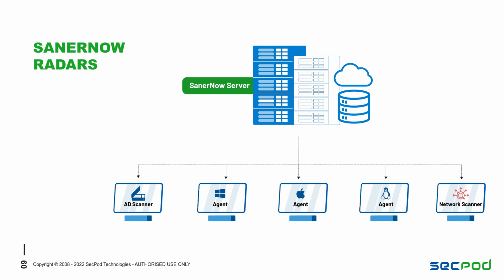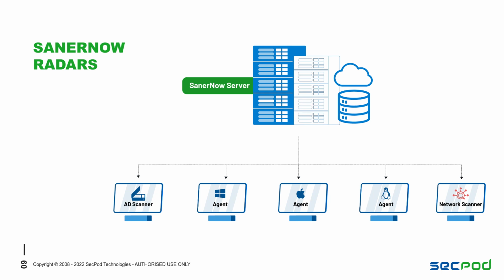We have something called SanerNow radars, where we have a server and all the agents contact that server. These agents work on various operating systems. We handle almost all operating systems in use today.